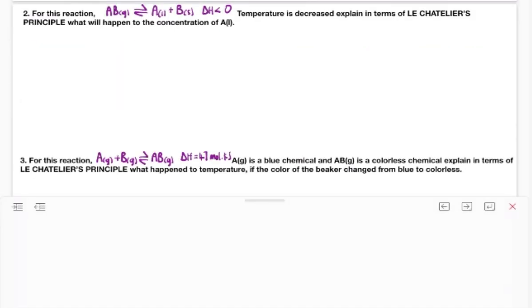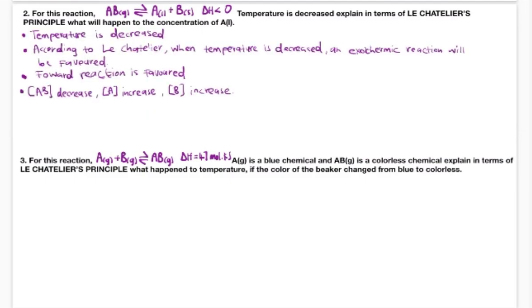For this question, they say for this reaction AB forms A and B. The heat of reaction is negative, which means our forward reaction is an exothermic reaction. Then they say the temperature is decreased. Explain in terms of Le Chatelier's principle what will happen to the concentration of A. You state the disturbance, that the temperature was decreased.